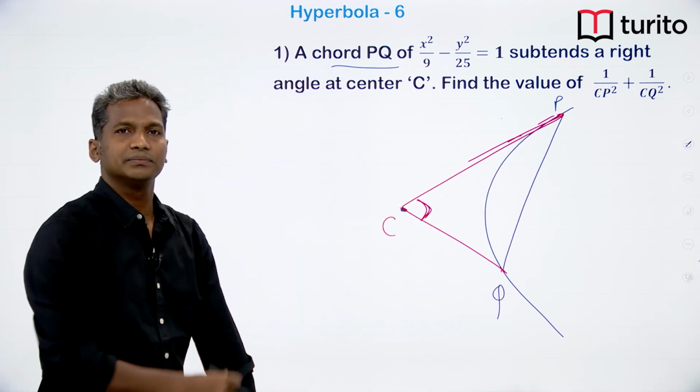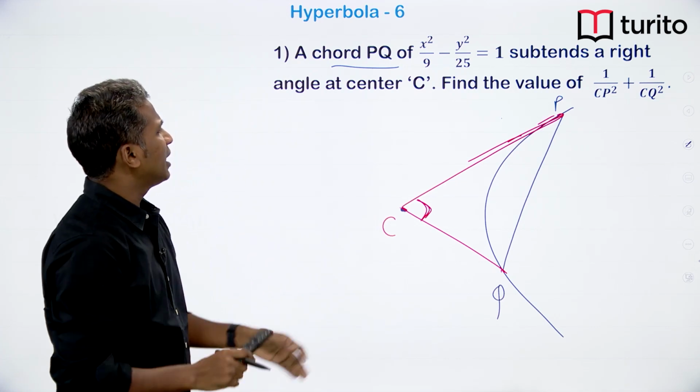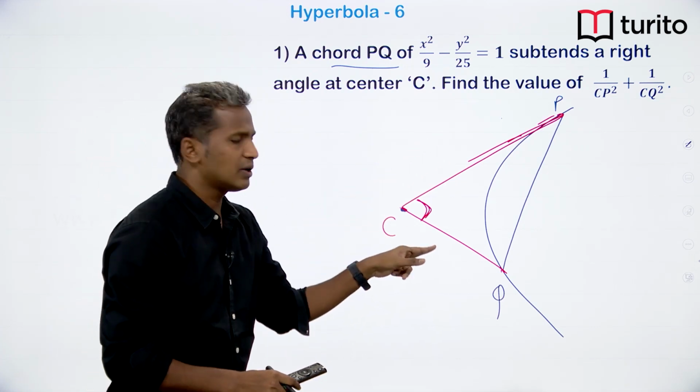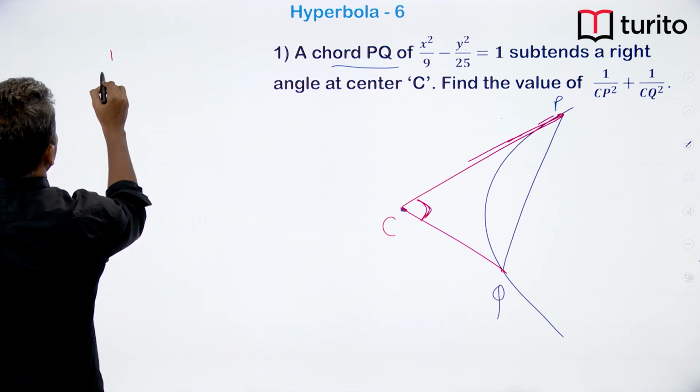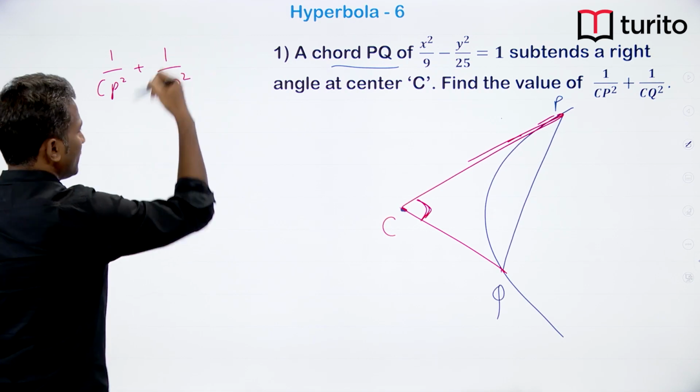It is given that this angle is 90 degrees, and we have to find 1 by CP square plus 1 by CQ square.